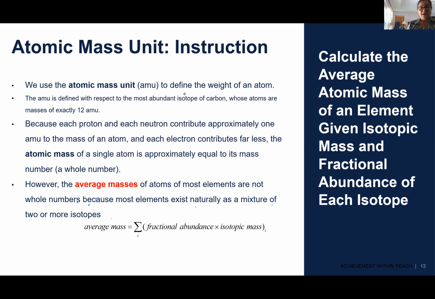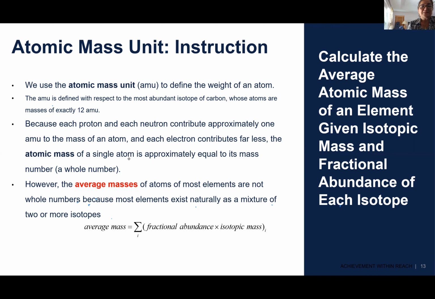So if you have an atom of something like magnesium that weighs 2 times an atom of carbon, it would be 24 AMU, or something that is half of it is going to be 6 AMU. So 1/12 of the carbon-12 atom is going to be 1 unit, atomic mass unit, because the mass of the atom is very small, and that's why they had to use a very, very small unit for that as well.